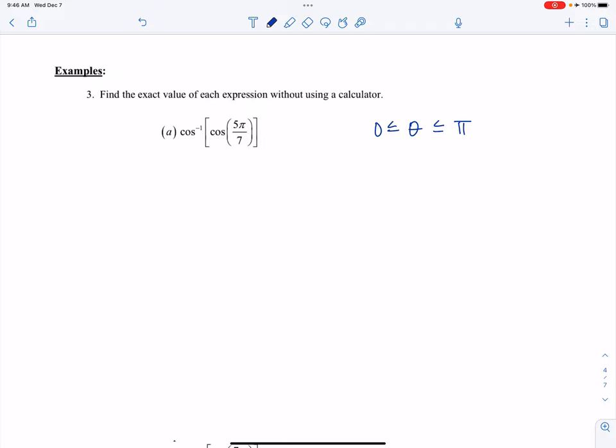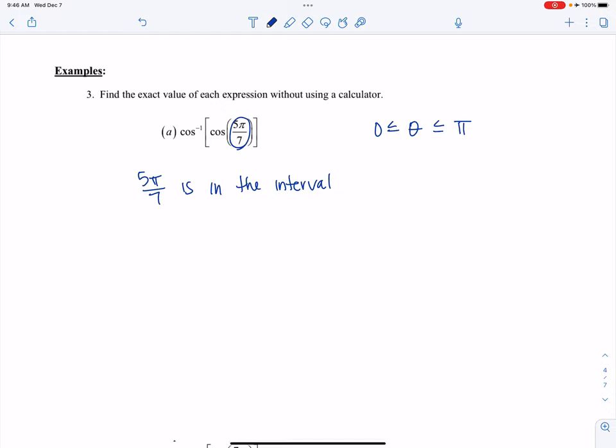So if we're looking at 5 pi over 7, it is in the interval. It's falling between 0 and pi.